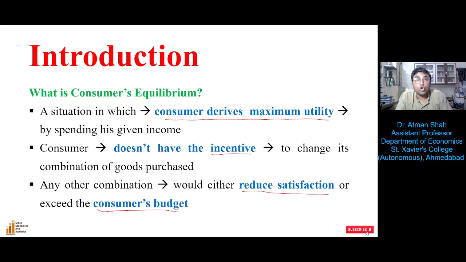That means the consumer cannot achieve that combination because of the income constraint, or if the consumer can purchase it, it still reduces satisfaction or utility, and therefore the consumer would not like to deviate from that combination of goods.